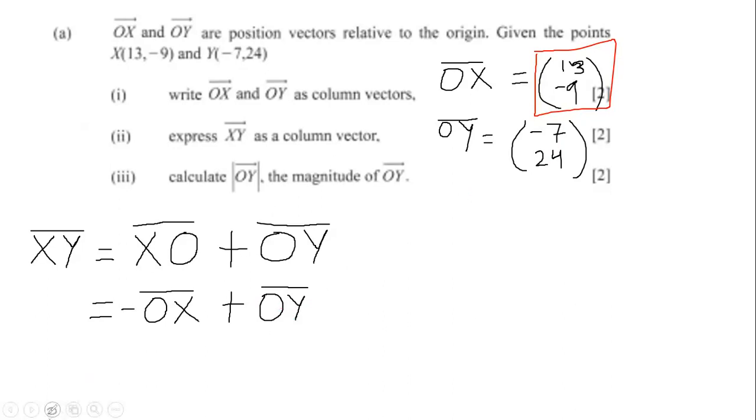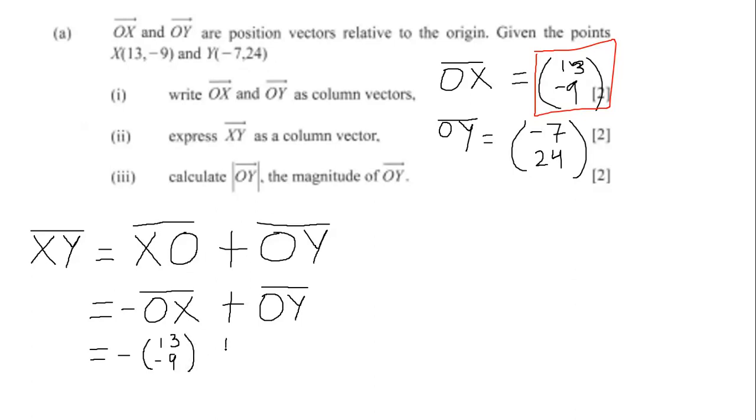So it's going to be equal to, we still keep the negative sign, negative the vector 13 and negative 9 in the brackets here.